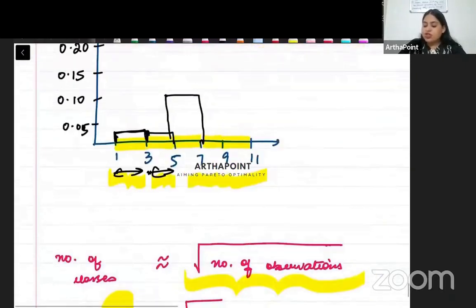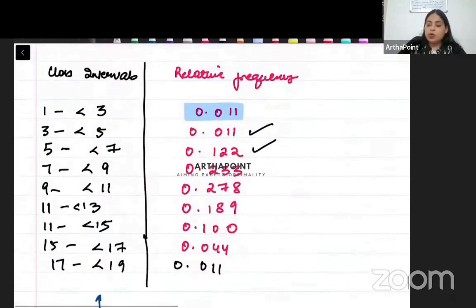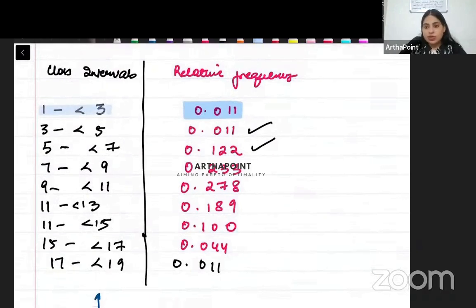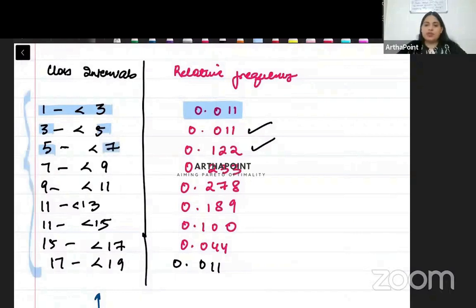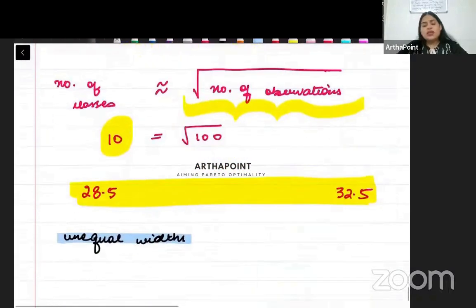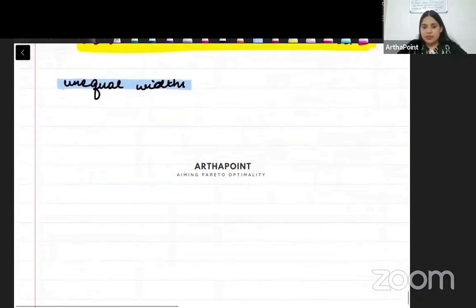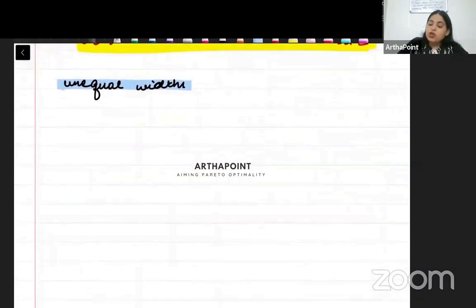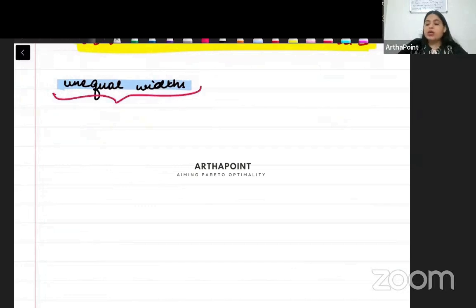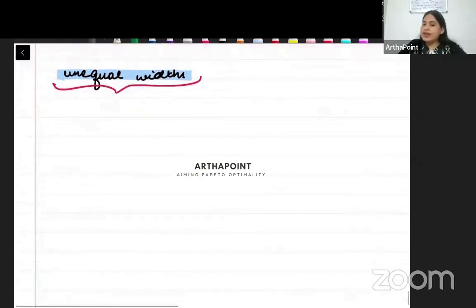Equal width का मतलब ये हो गया जहां पे हमने हर एक की गैप जो है वो 2 का रखा, 1 से 3 गैप ऑफ 2, 3 से लेके 5 तक गैप ऑफ 2, 5 से 7 तक gap of 2. So I am keeping equal gaps, but always equal gap is not desirable. Sometimes you should be going with unequal gaps also. Take an example.